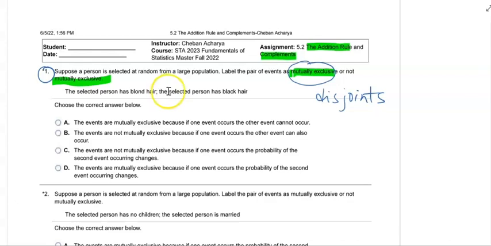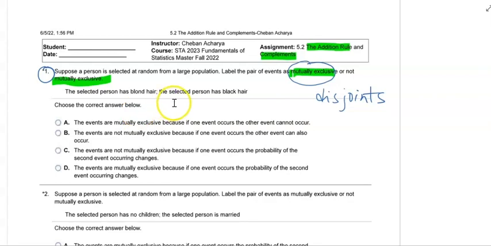The other event is the selected person has black hair. These two events are mutually exclusive, of course, because if one event occurs, the other event cannot occur. In other words, two events cannot occur at the same time.